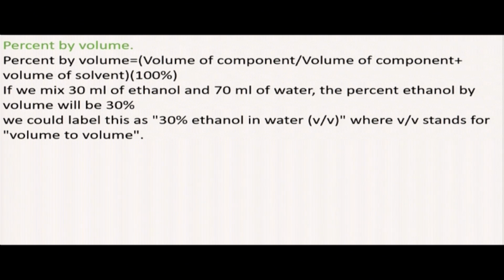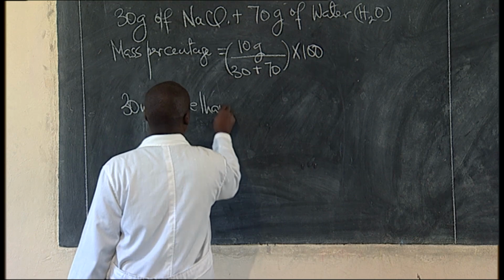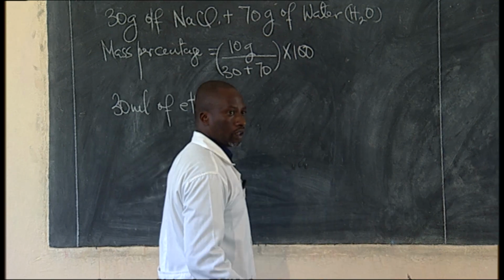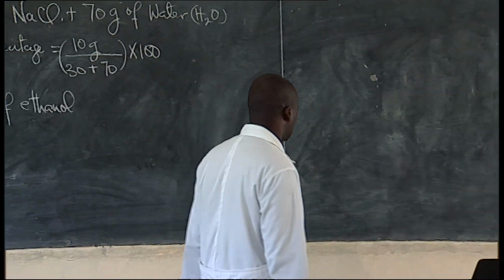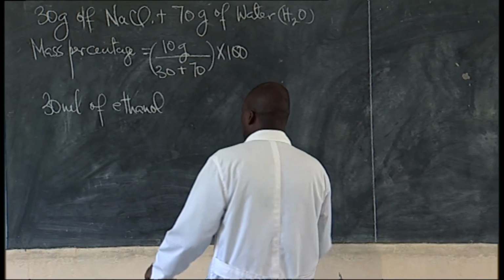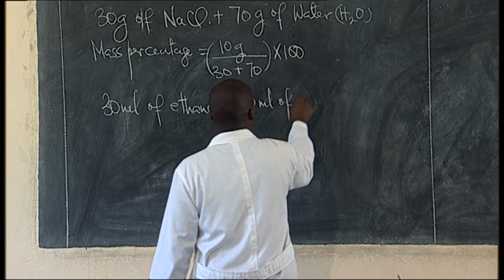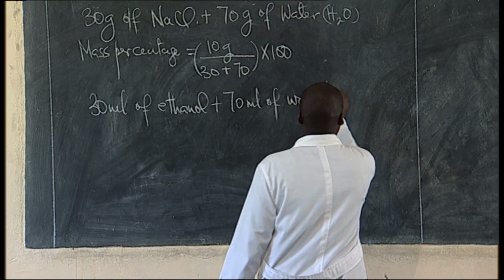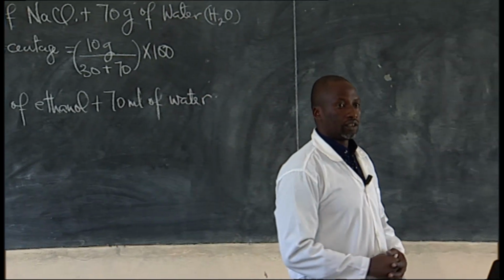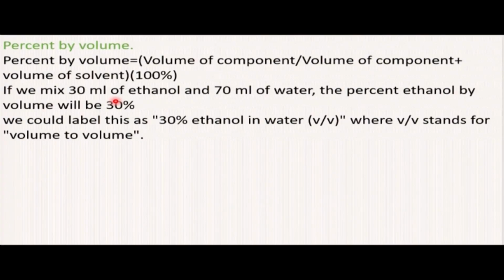Just take an example. We mix 30 milliliters of ethanol with 70 milliliters of water, not grams, milliliters. They are mixed together. So what will be the percentage of ethanol?